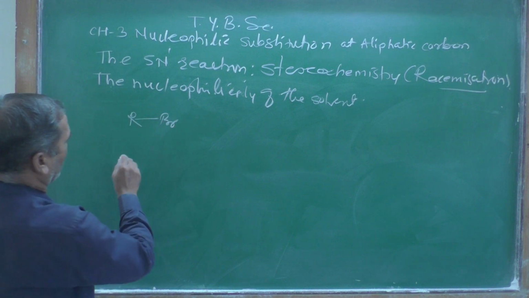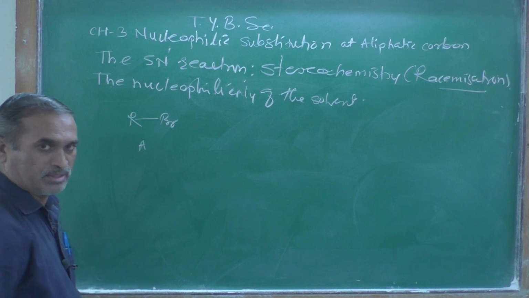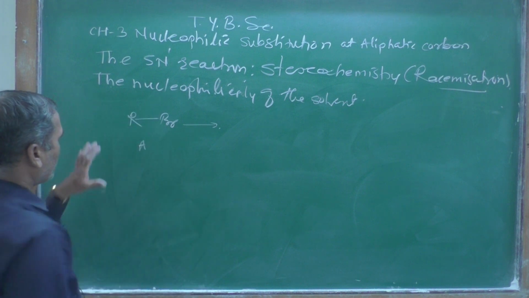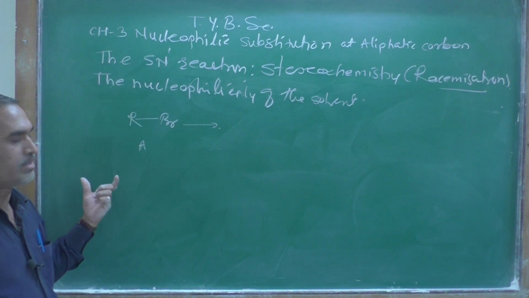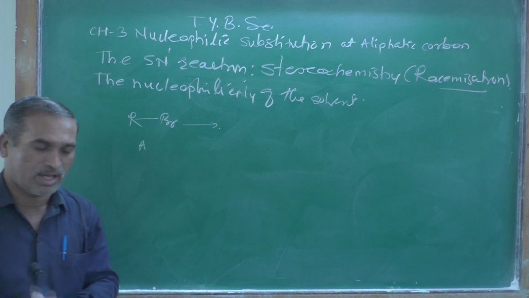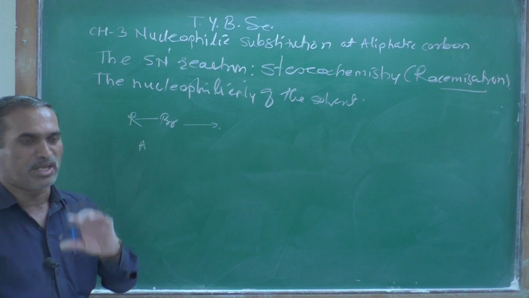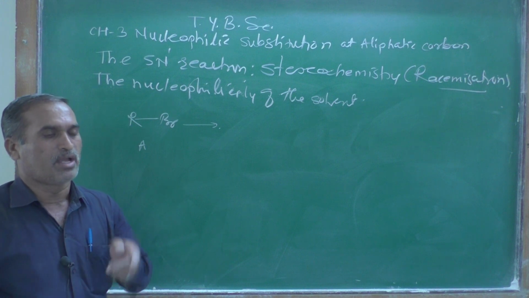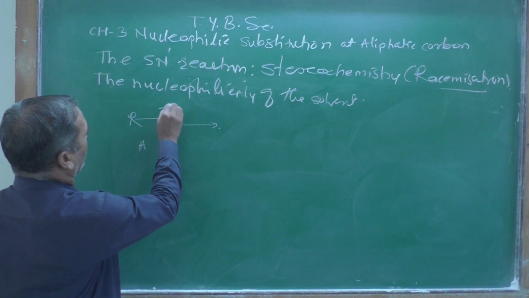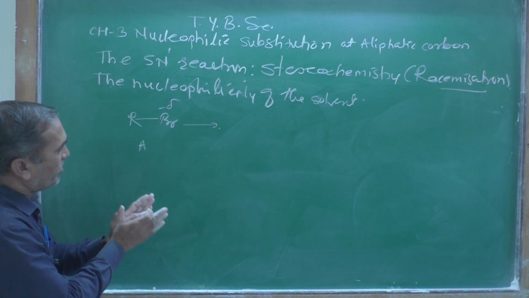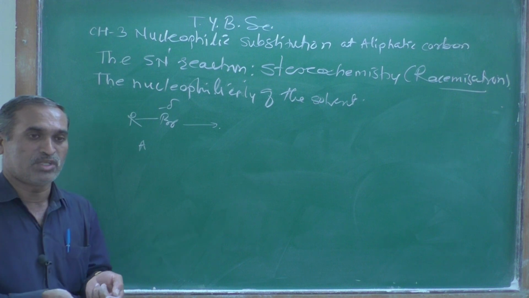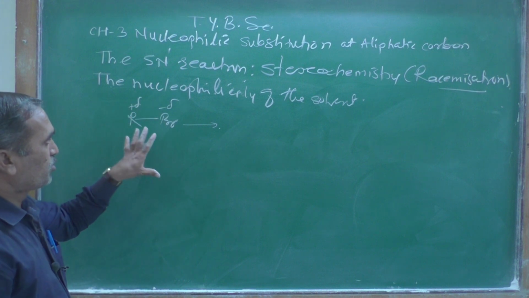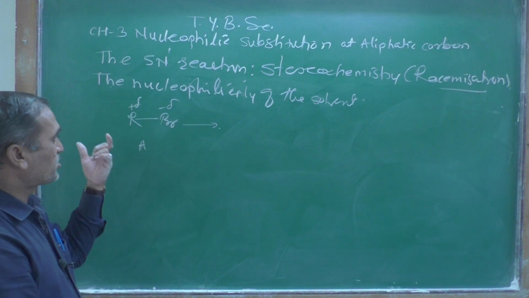R-Br is the starting compound, or you can say it is stage A. When solvent is added, as we know it is an alkyl halide, the bromine atom is more electronegative and therefore pushes the electron density toward itself, so bromine gets a partial negative charge, whereas the carbon atom, which is electron deficient, gets the delta plus charge. So this type of polarization occurs in stage 1.